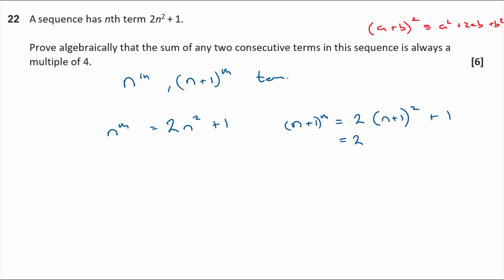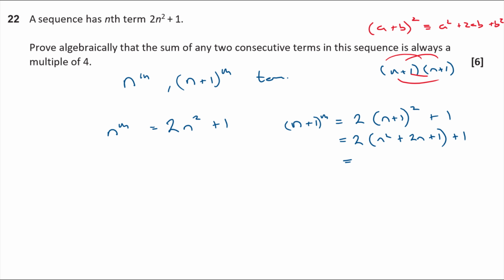So I know quite quickly what (n plus 1) all squared is. It's going to be the first term squared plus 2 times the first term times the second term plus the last term squared. Okay? Now if you struggle with that, you can just do (n plus 1) times (n plus 1) and use brackets, you know, FOIL or Greed method or whatever, but it's going to give you 2 lots of n squared plus 2n plus 1, and then I'm going to have that plus 1 on the end.